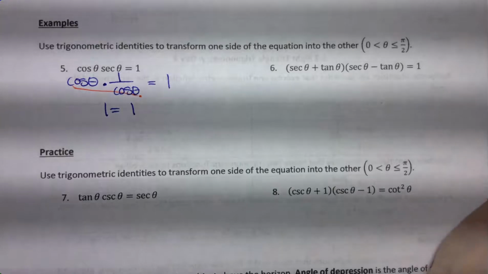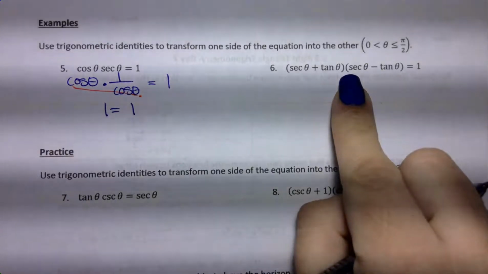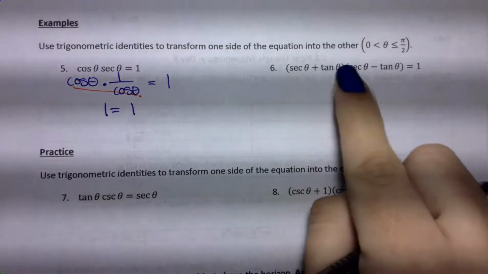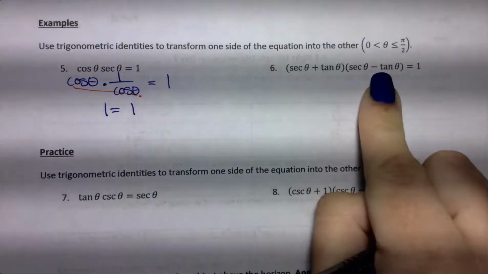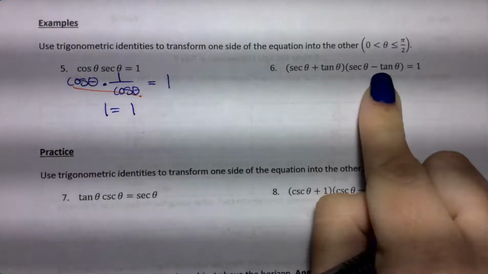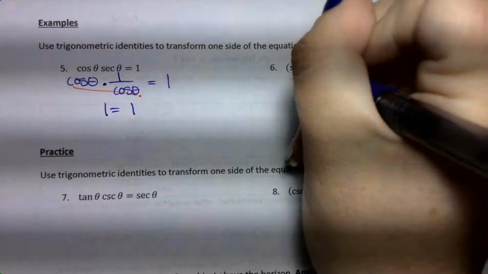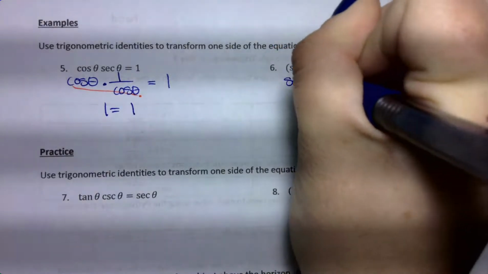Number 6, again, I want to pick the side that looks more complicated to start off with. And for this one, because I have two binomials being multiplied by each other, I actually want to multiply these together to see if I can use a Pythagorean identity, because those use squareds. So I'm going to distribute. Secant of theta times secant of theta will give me secant squared of theta.